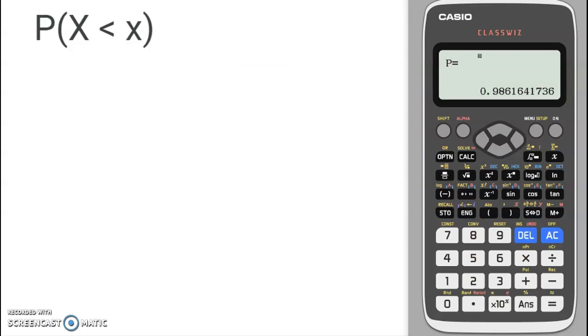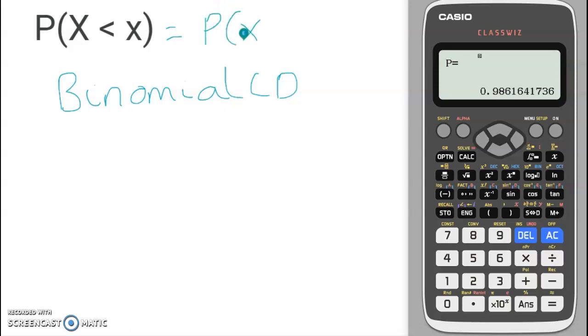Looking at a slightly different version of that question, this is when x is less than x rather than less than or equal to x. We are still going to use our binomial CD, but we need to remember here that the probability x is less than x is the same as less than or equal to x minus 1.